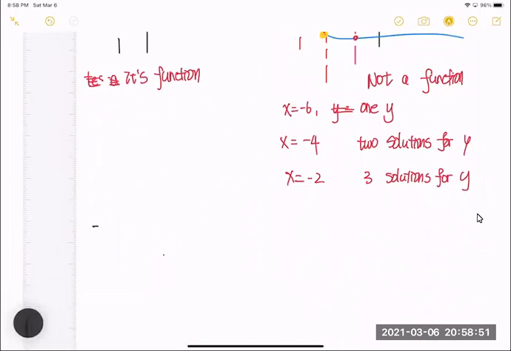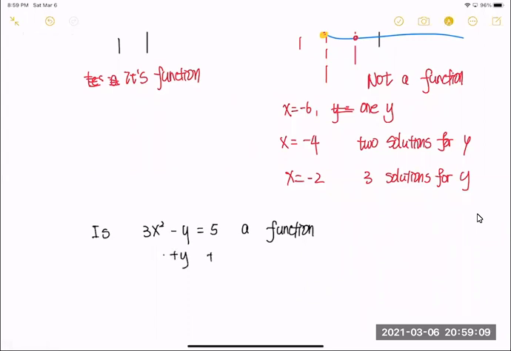Okay, let's use this to prove: is x squared minus y equals 5 a function? Well, if we can solve for y with one solution, then this is a function. So now let's solve it. We add y on both sides.